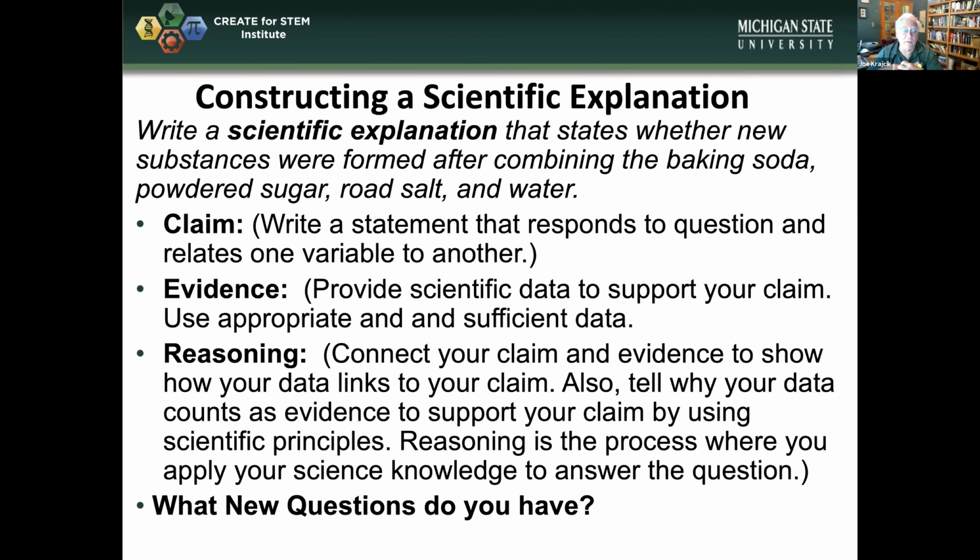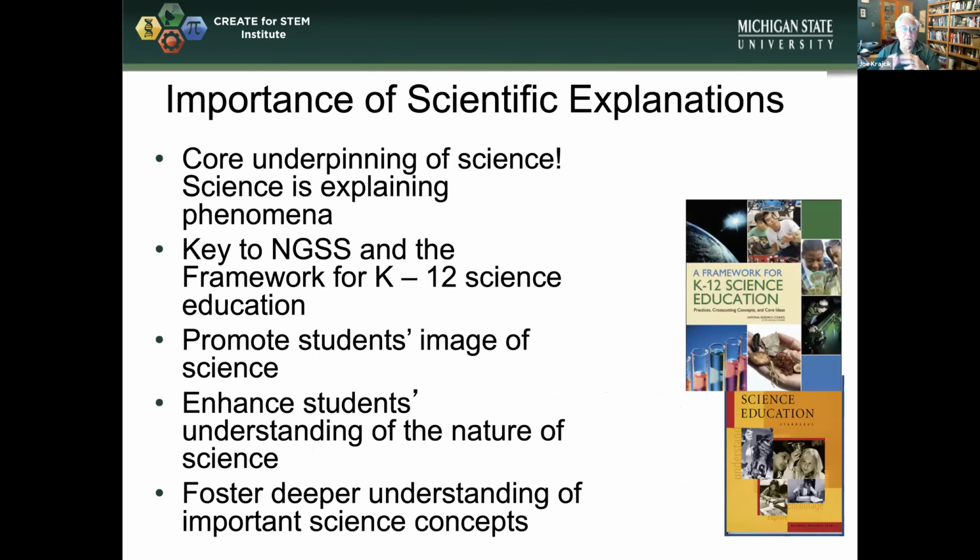And one of the things I love about why it's so important is that it does help kids understand that science is all about figuring out. It does help them enhance their image of science. But the other wonderful thing about getting kids to write scientific explanations in your classroom is that it supports their literacy. It gets them to write.